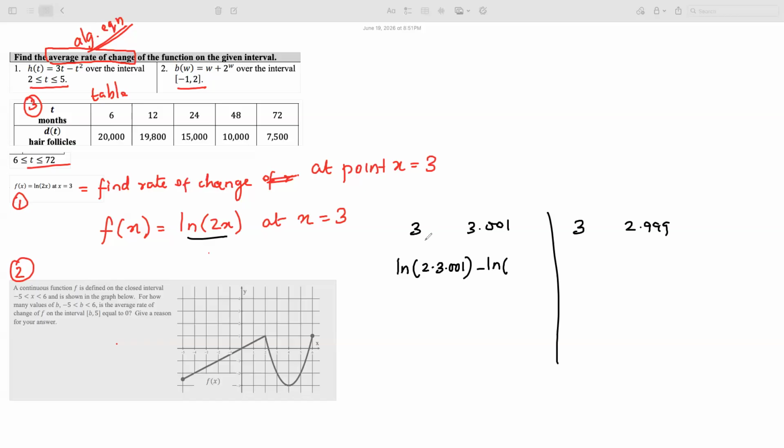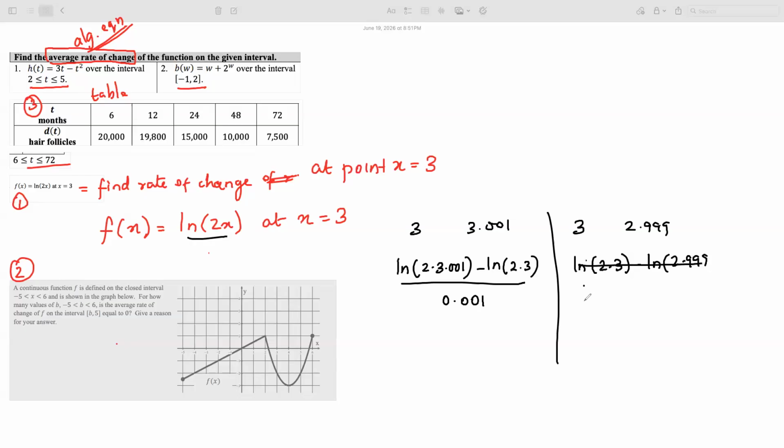this one is at 3, right? Okay, did I calculate it? Yeah, I think I calculated it right. So 2 times 3. Oh, I made a mistake, I think. Divide by 0.001. Here, ln 2 times 3 minus ln 2.999.